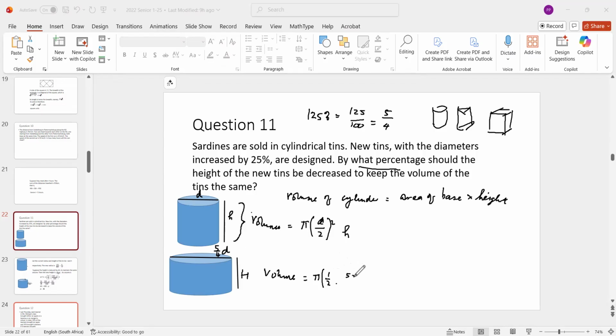We can make that 5d over 4. 5 over 4 times d, that you square it, and the height is h. Now these two are equal. They say that these two are equal to keep the volumes of the tins to be the same. So let me just make that equation.